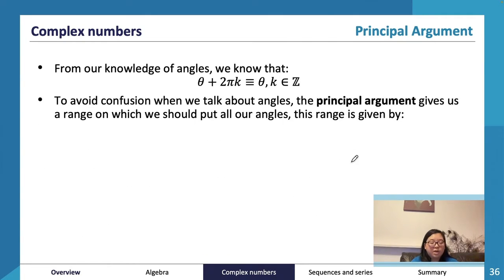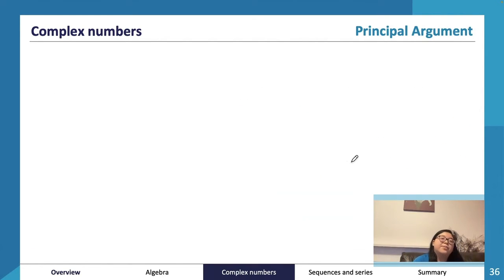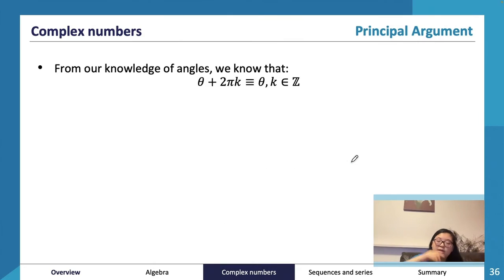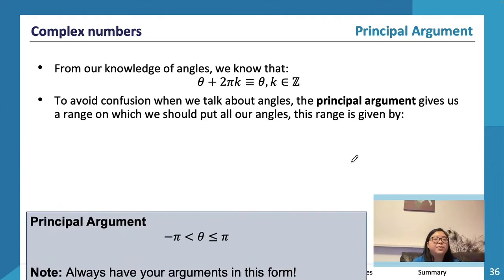So if we go back to r cis theta, there would be thousands of angles which would represent the same direction, because of the repeating periods that we have for circular functions. So rather than doing that, because mathematicians hate when we have multiple answers for the same thing, we have to give a range of values in which there's no repeating, right?